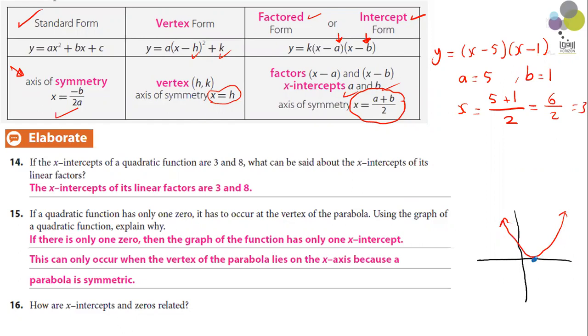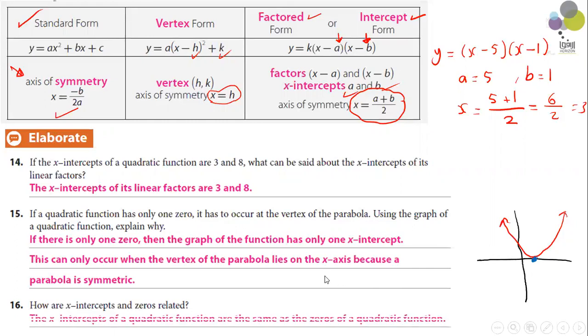So the intersection between the parabola and the x-axis is at one point. Okay, number 16. How are x-intercepts and zeros related? The x-intercepts of a quadratic function are the same as the zeros of a quadratic function.